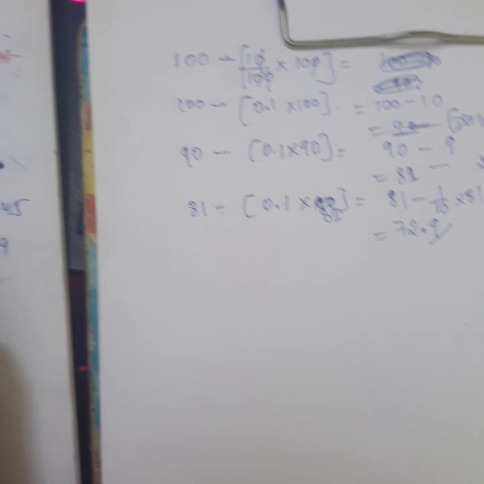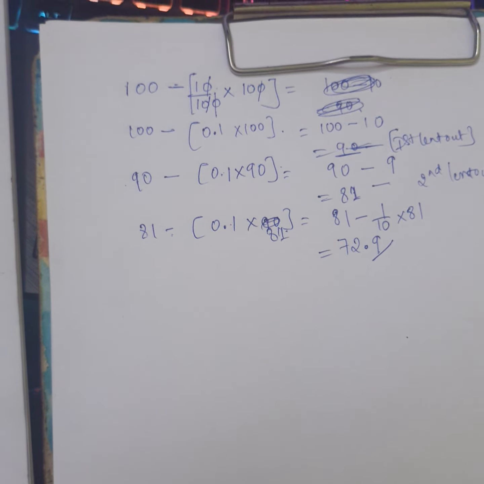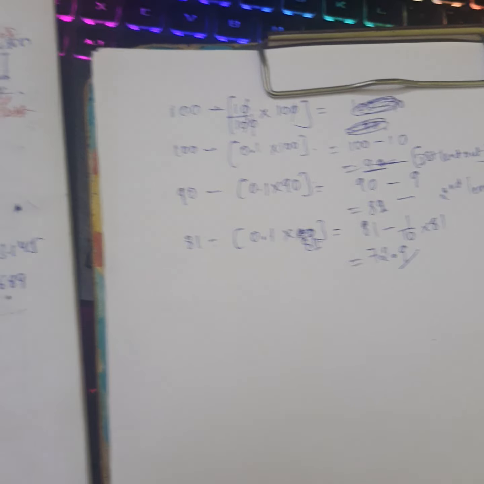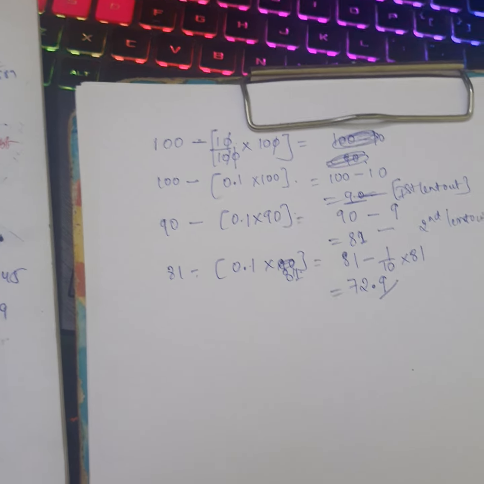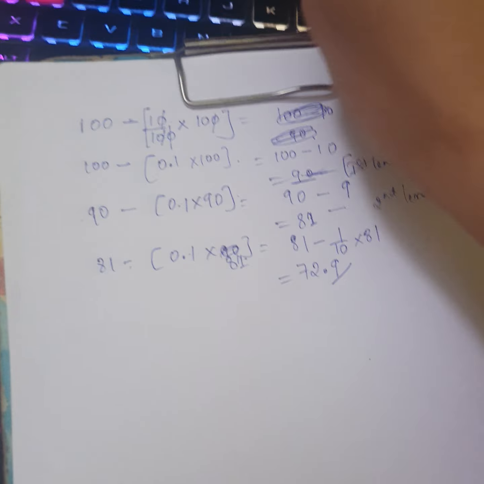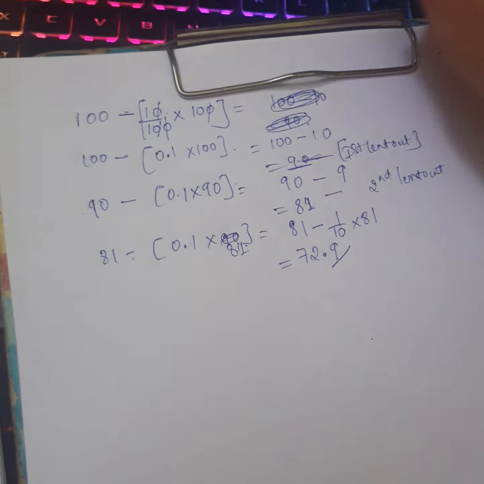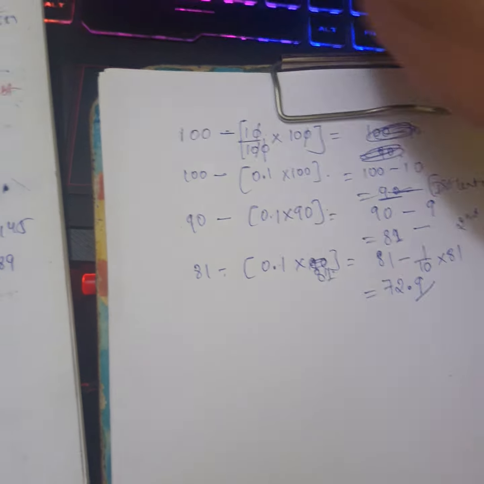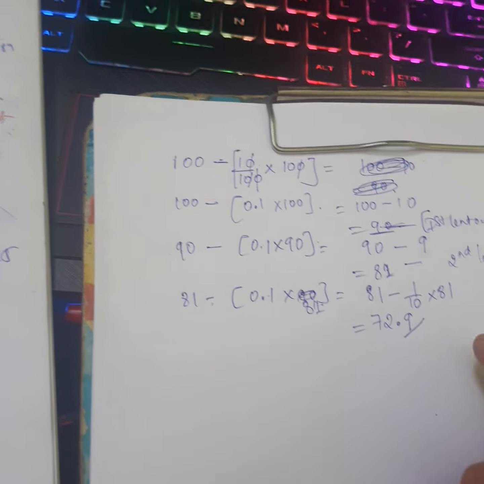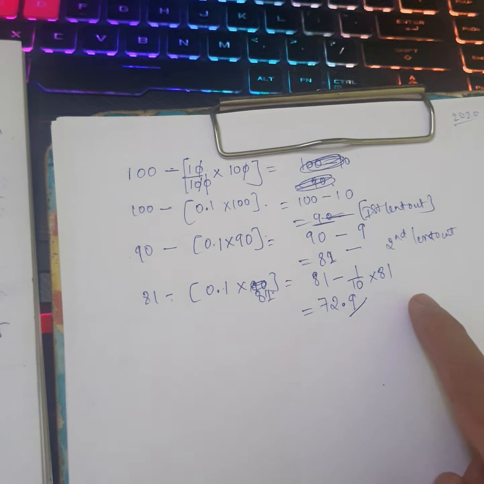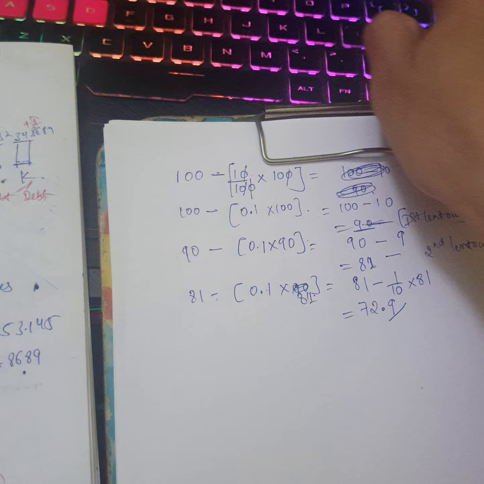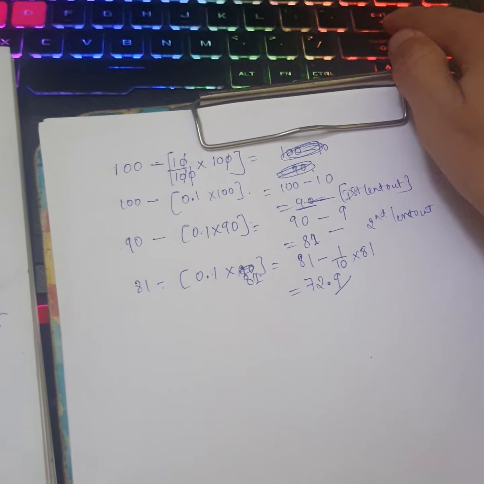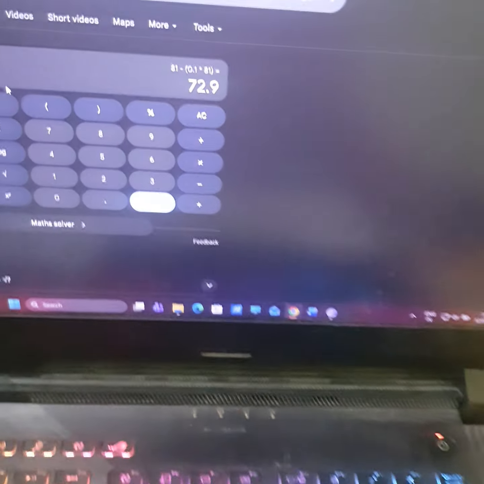Why? I will show it to you. On Google, 81 minus 0.1 into 81 gives $72.9.